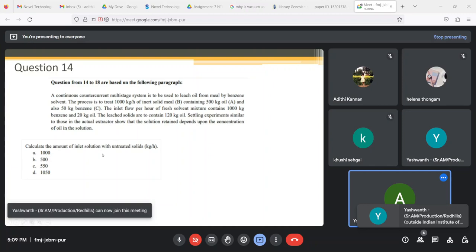So calculate the amount of inlet solution with the untreated solids, that is the inlet stream. When you mean untreated solids, it is the inlet stream that is being asked here. The inlet solution, what two streams constitute the inlet solution?